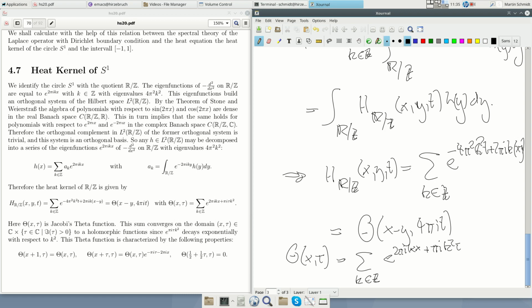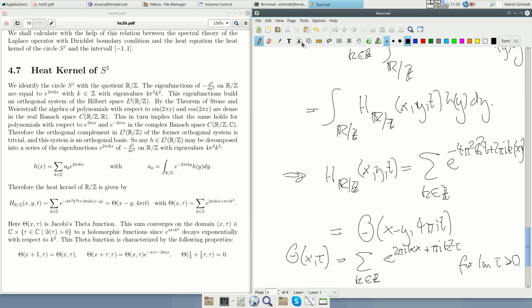And this is defined for positive imaginary part; the imaginary part of tau should be positive, because then this is negative here.